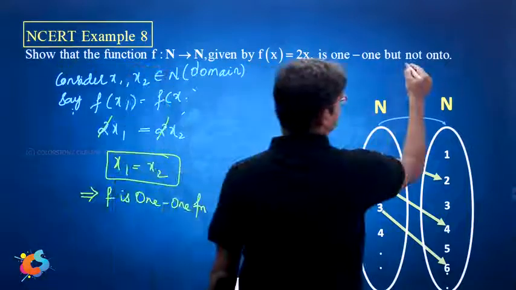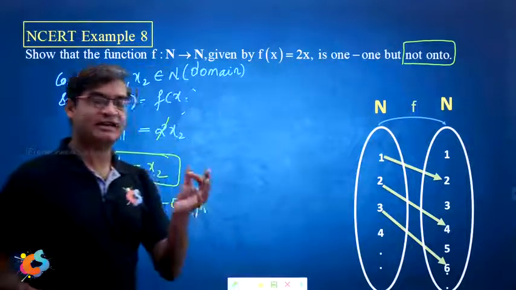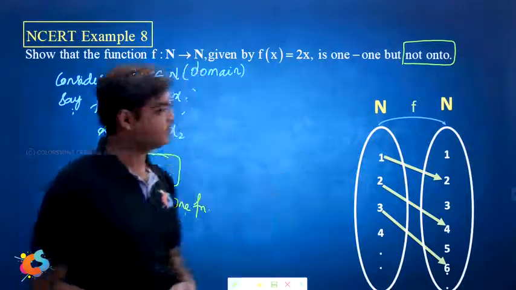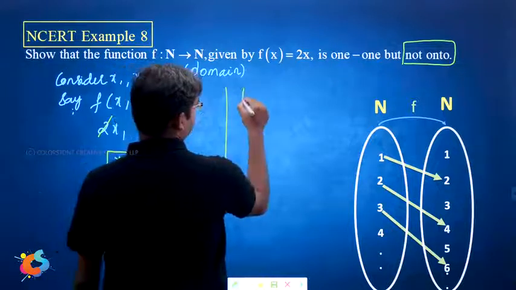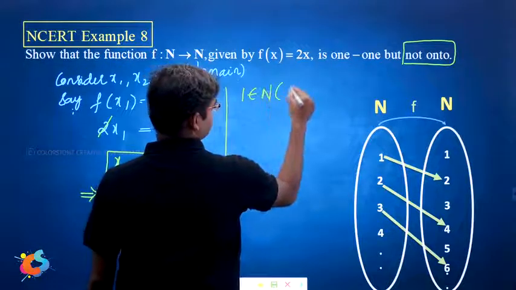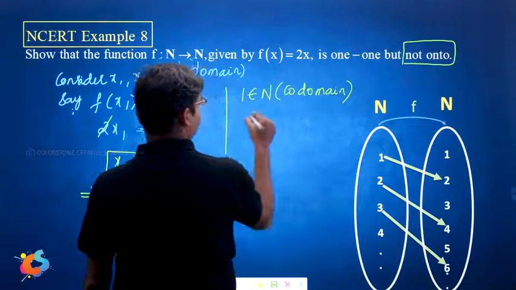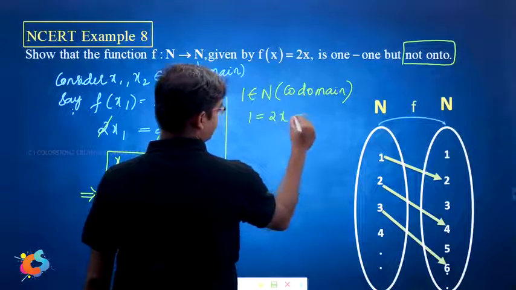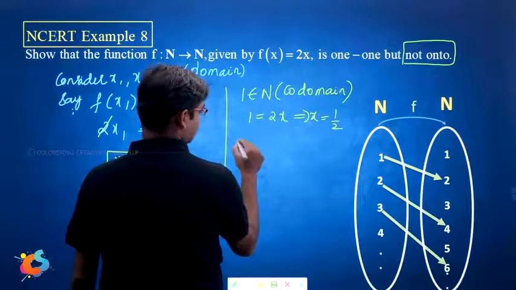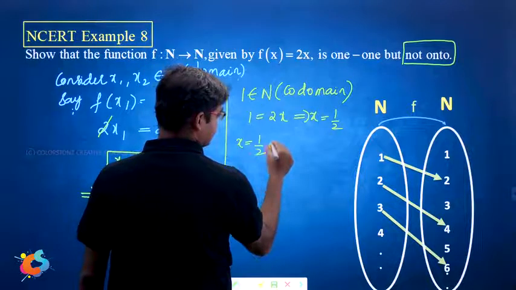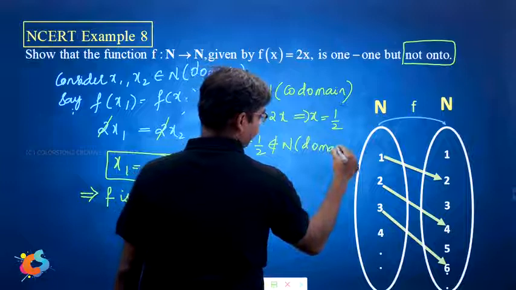Whenever you are showing that it is not onto or not 1-1, if you give one single example, that is sufficient. So here, let me write it like this. 1 belongs to natural numbers, which is our codomain. 1 is equal to 2x implies x is equal to half. x is equal to half does not belong to our domain, right?